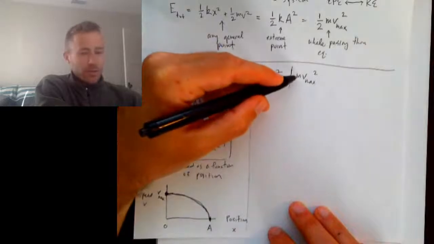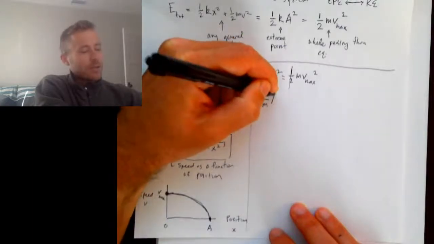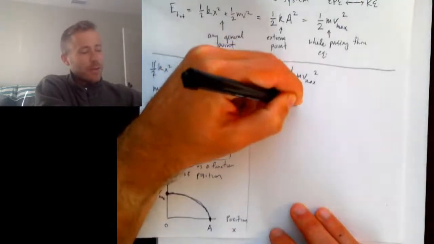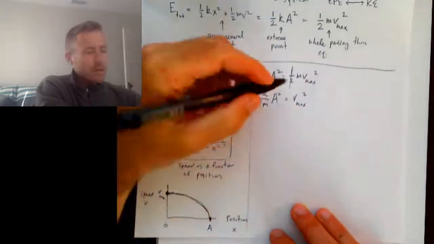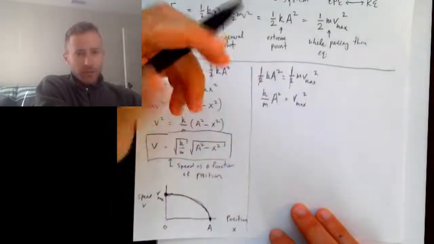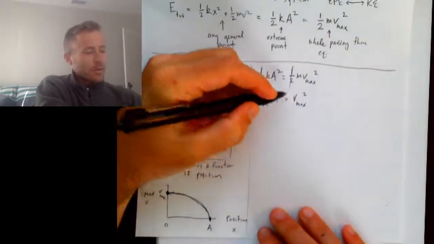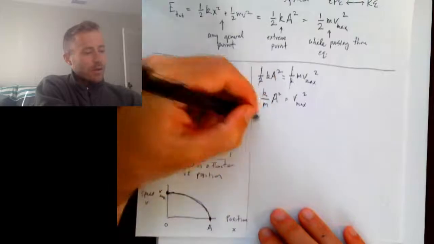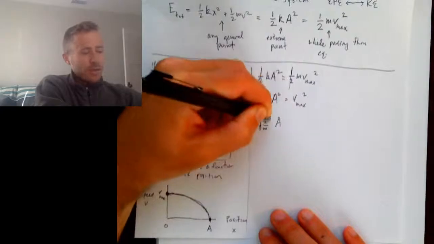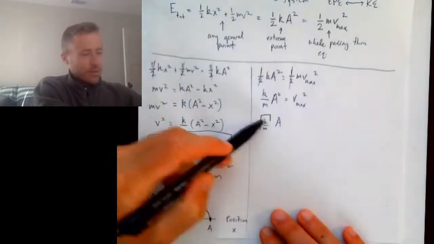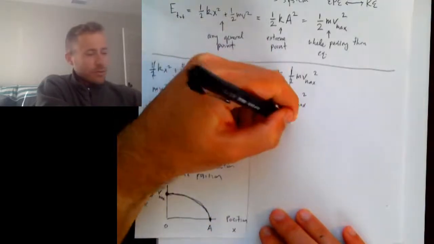I could divide both sides by m, so I have k over m times a squared equals v max squared. And then I take the square root of both sides. And I get square root of k over m times the amplitude. Please notice that in this equation, it's only the k over m that are square rooted in, not the amplitude, equals v max.